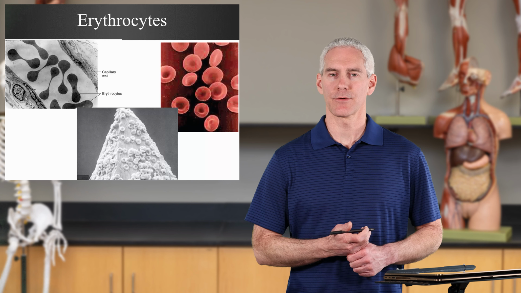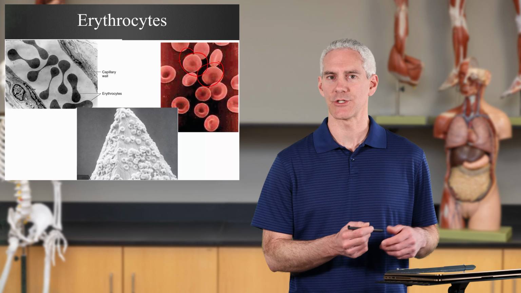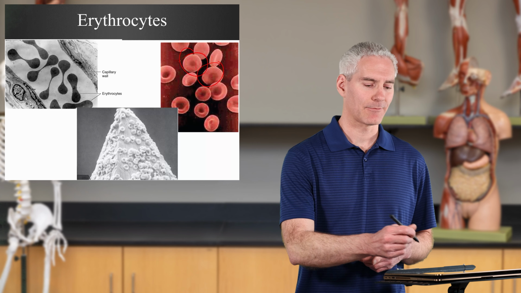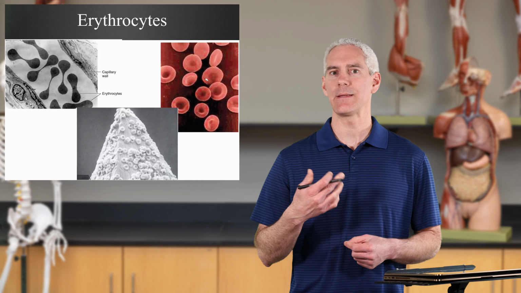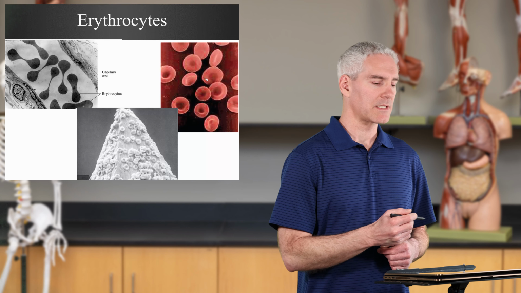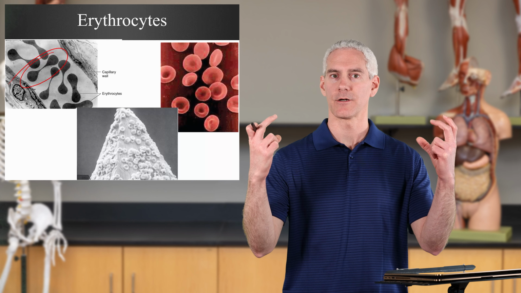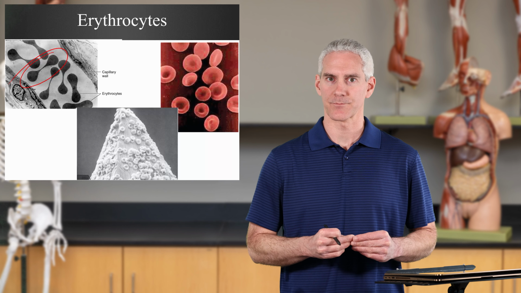Looking at these erythrocytes, you can see how they look almost like a donut shape. That's not really called a donut shape, it's called a biconcave disc. The biconcave disc means the center is flattened out. Look in cross-section. You'll notice right there, the ends are thicker, the middle is very, very thin.